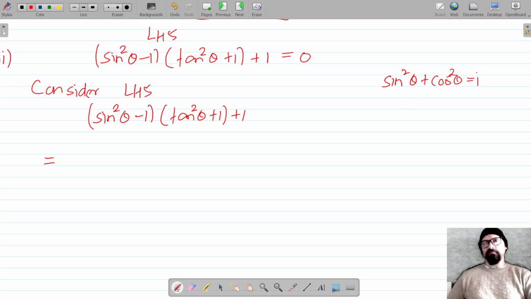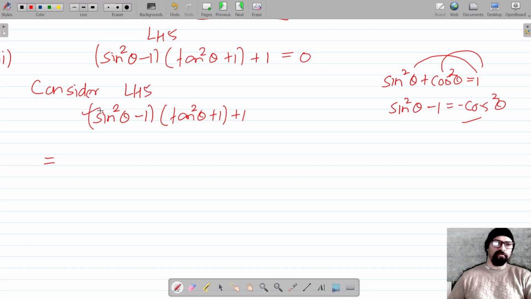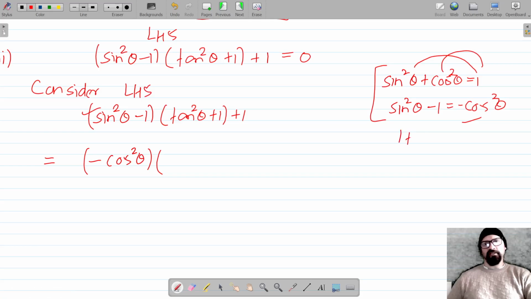If I bring 1 to the right hand side and take cos squared theta to the left hand side, sine squared theta minus 1 is equal to negative cos squared theta. So instead of this, I can write negative cos squared theta into. Also, 1 plus tan squared theta is equal to secant squared theta, so instead of this, I can write secant squared theta plus 1.